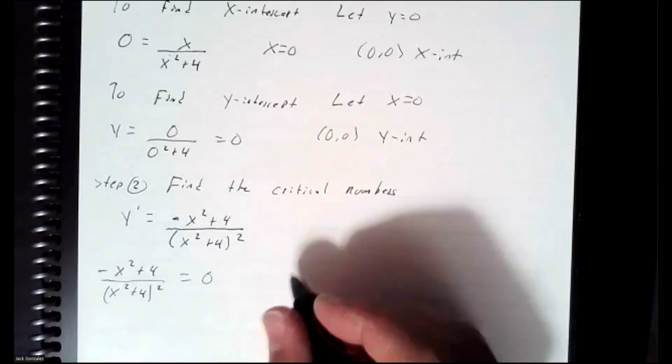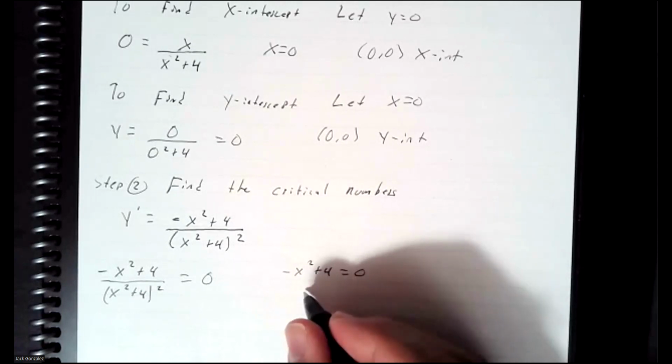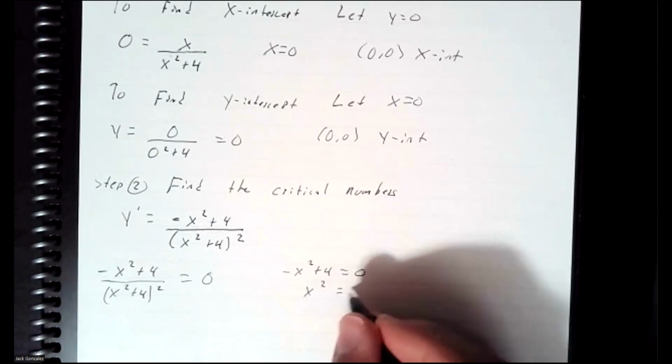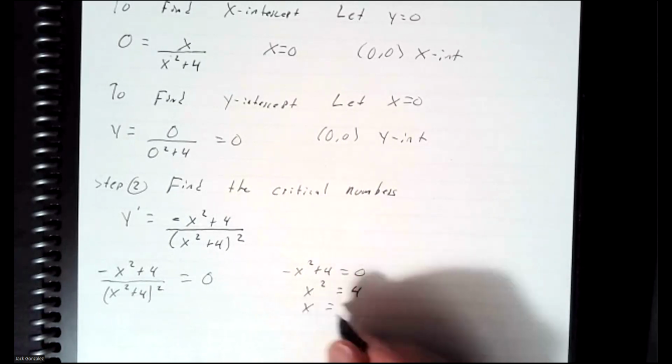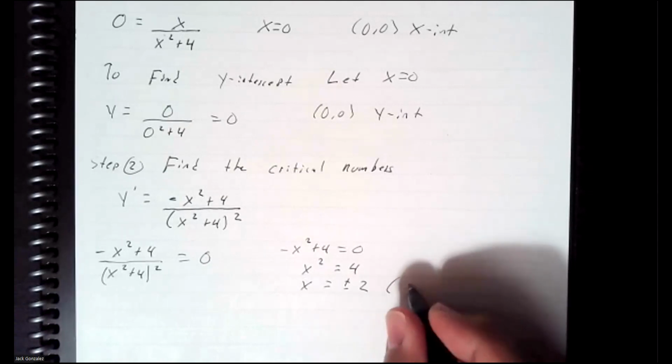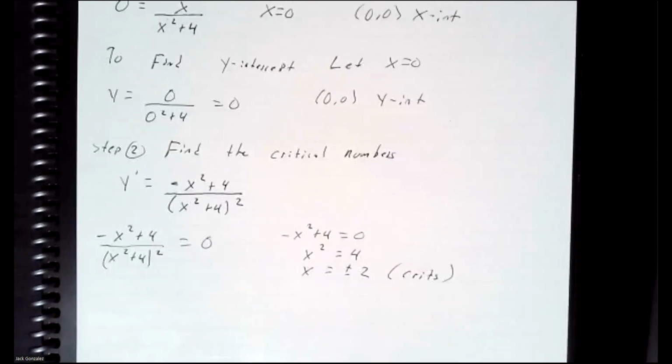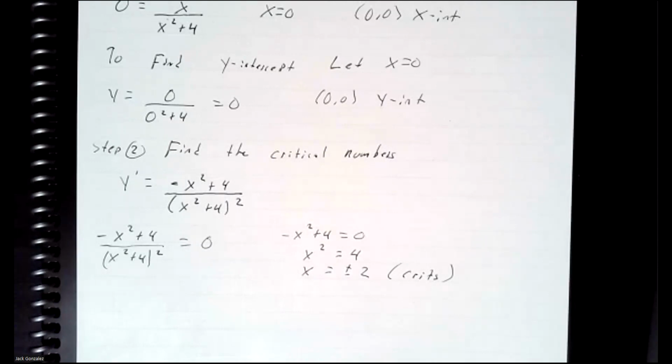Pretty much. Let's just set the top part to zero, which would get what you said. I'll skip that part too. Here are our x values, the crits, critical numbers. So far, so good, right? Yes.